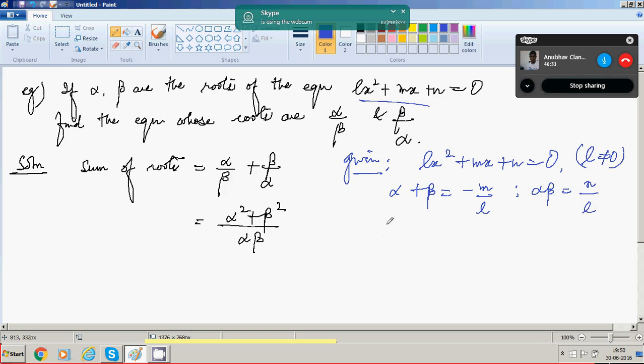Now we find alpha squared plus beta squared equal to alpha plus beta whole squared minus 2 alpha beta, equal to m squared by l squared minus 2n by l. So of course we substitute this here.